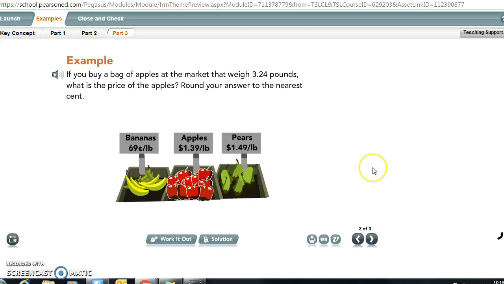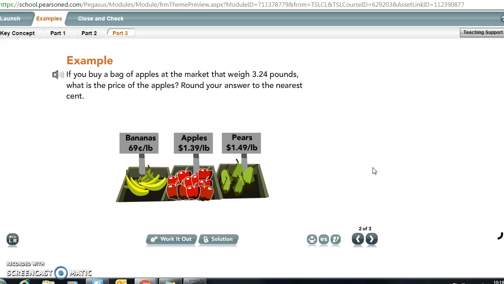It should be on the back. Okay, we're going to do these next 2 problems, and then you are done. So if you buy a bag of apples at the market that weighs 3.24 pounds, what is the price of the apples? Round your answer to the nearest cent. So what do you think we need to do for this problem?